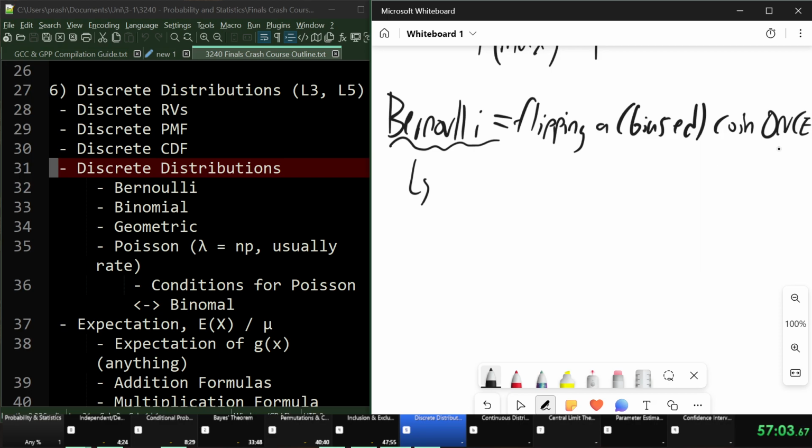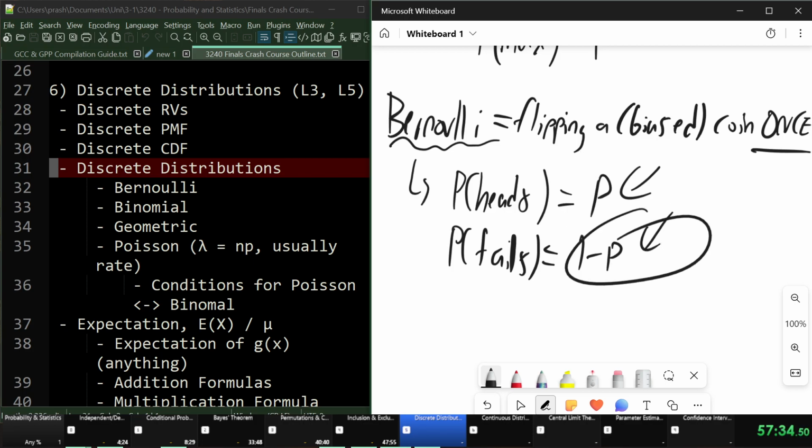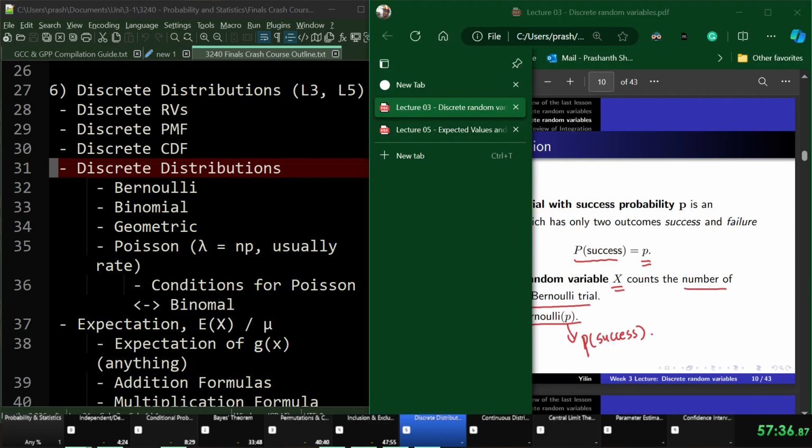But the important thing about the Bernoulli trial is that it happens once. So the probability of, let's say you get heads, is some probability p. And the probability of tails, which can be considered as success or failure, will be 1 minus p, because total probability is 1. This is what a Bernoulli trial is. A coin flip that you either succeed with a certain probability that's constant, it doesn't change, or it fails with 1 minus p.